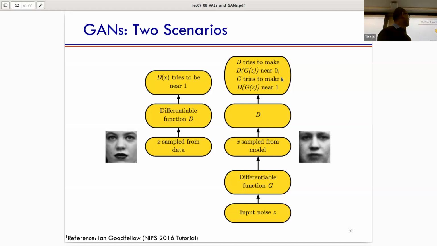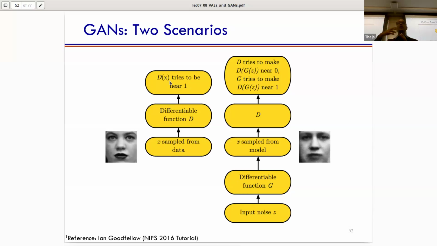So what the player D wants to do is that if this neural network gets input from real data, remember, we have a bunch of real images from which we want to sample, this black box. So if I get a sample from my set of real images, then it has to produce a number close to 1. That's its role.